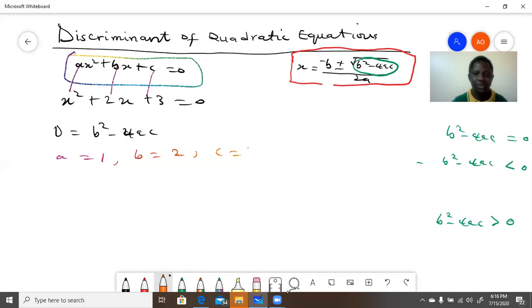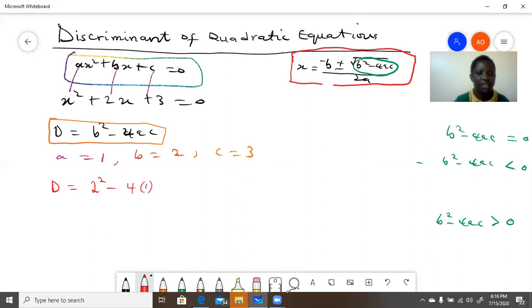So using the formula, discriminant equals b squared minus 4ac. So we can say that our discriminant equals b squared, that is 2 squared, minus 4 times a, which is 1, times c, which is 3. So that is going to give us 4 minus 12, which is going to be minus 8.